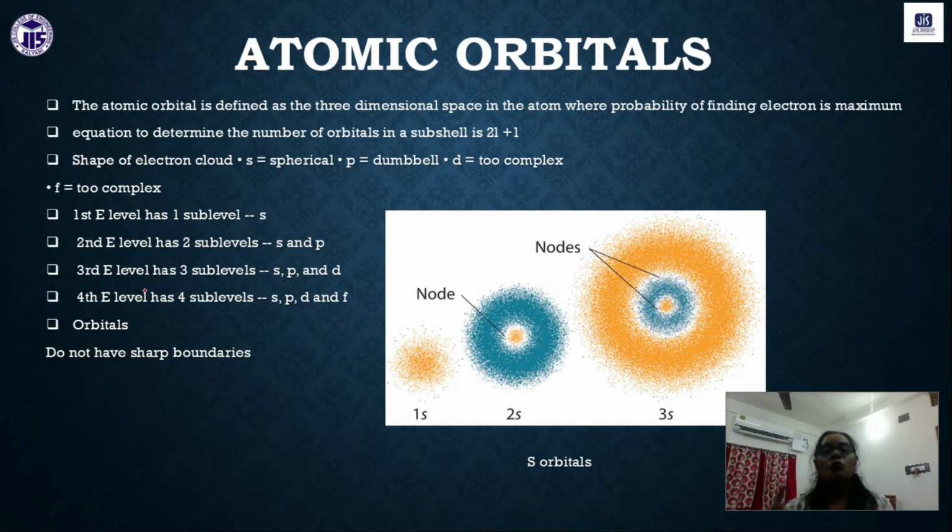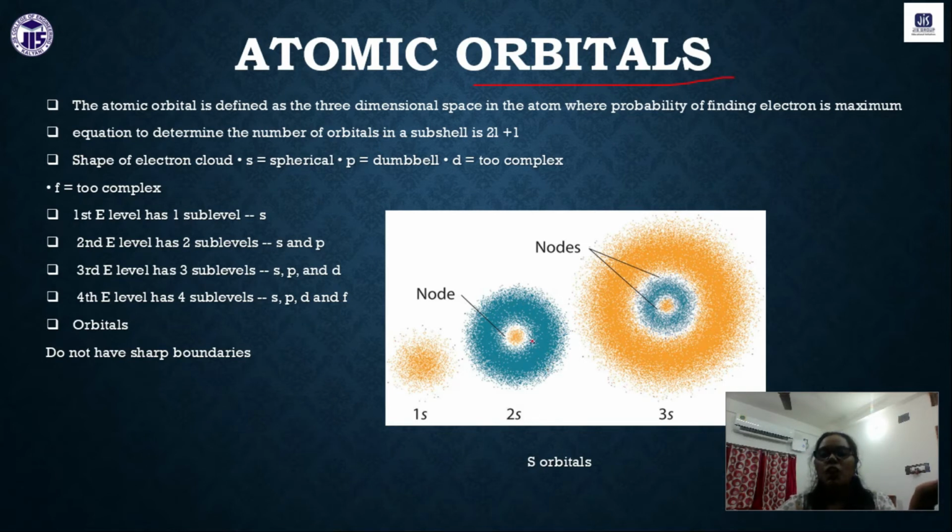And why are we calling it orbitals? Orbitals means not a specific track. It means the probability zone where we can have the probability of finding the electrons.